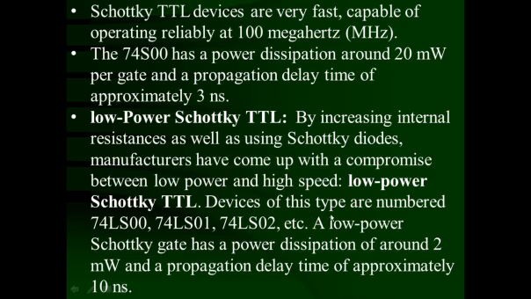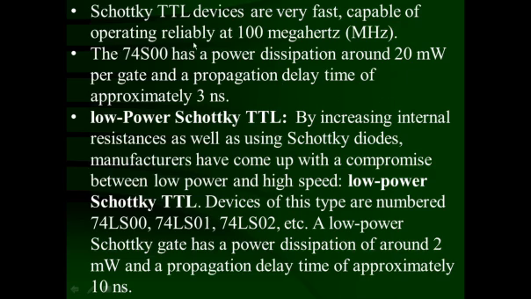Devices of this type are numbered as 74LS00, 74LS01, 74LS02, etc. A low power Schottky gate has a power dissipation of around 2 milliwatt and propagation delay time of approximately 10 nanoseconds. Remember these values.